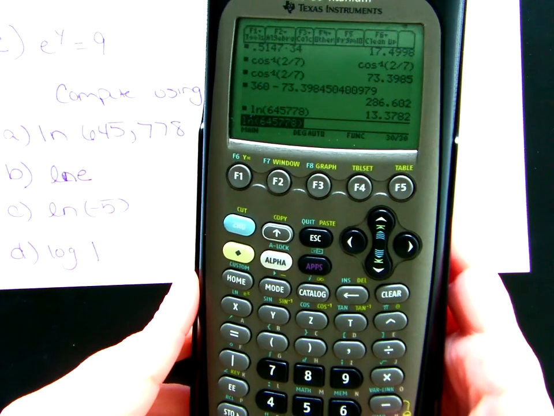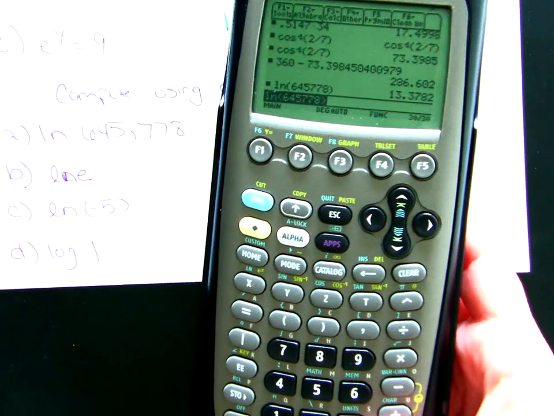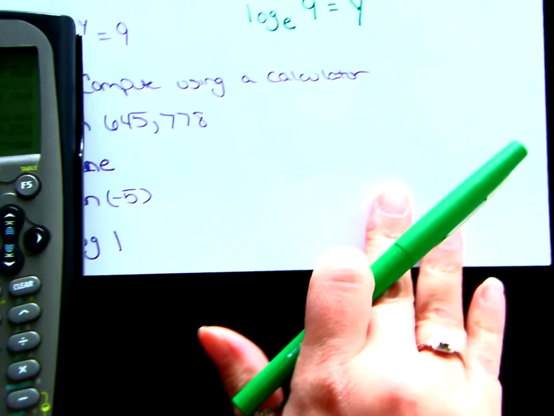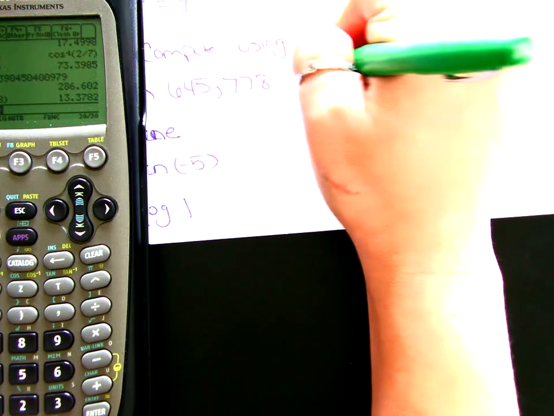And so I got 13 point blah, blah, blah. If you're using a calculator and it asks you to actually compute it, it will give you a specific amount of decimal places that it wants you to round to. So in this case, you get 13.3782.